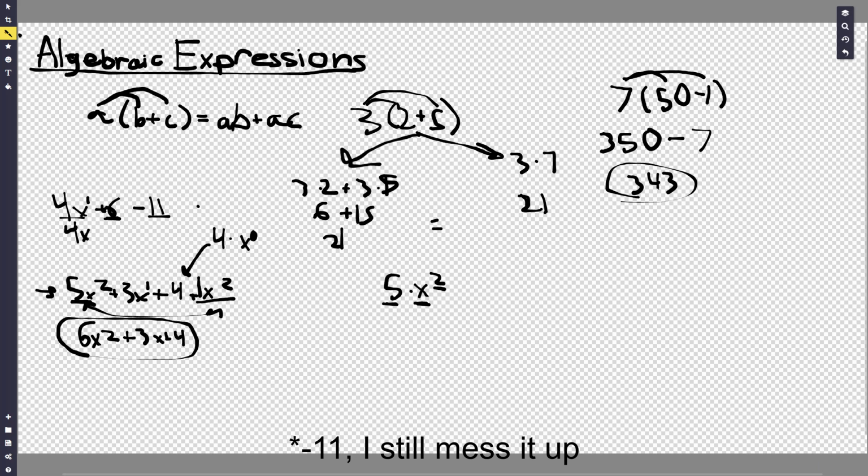But to avoid any issues in the future, what I like to do is make it plus negative. So instead of subtracting 11, you just add negative 11, which when you're moving around terms makes it a lot easier, so you don't forget the negative sign. So let's combine these like terms. 6 plus negative 11 is going to be negative 5. So plus negative 5 or minus 5. And so this expression is now in simplest form.